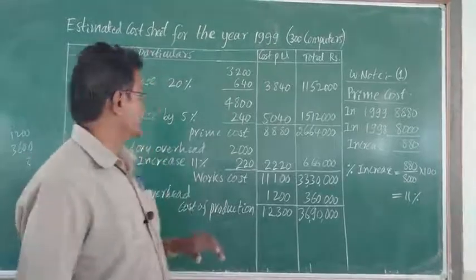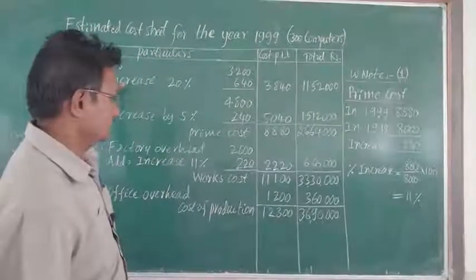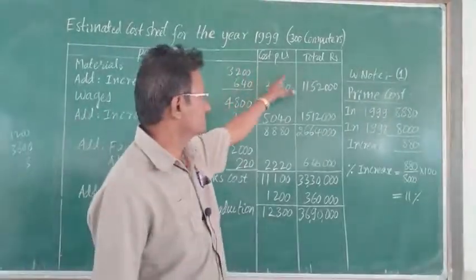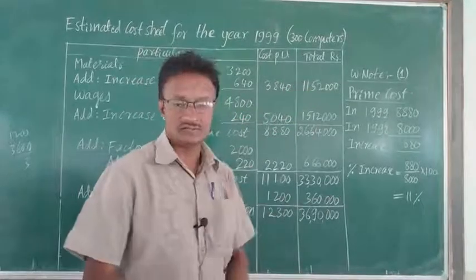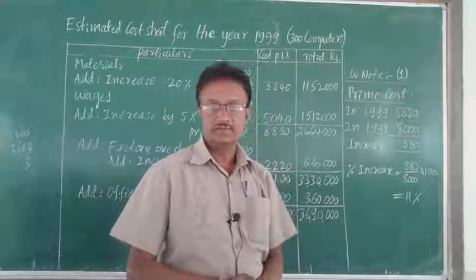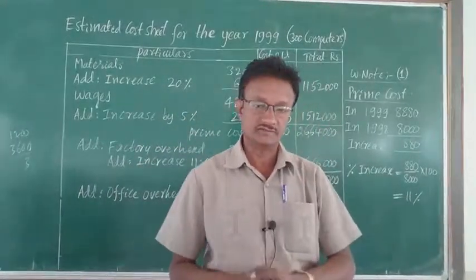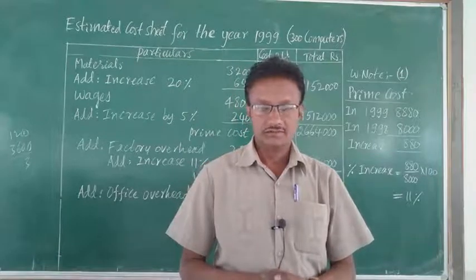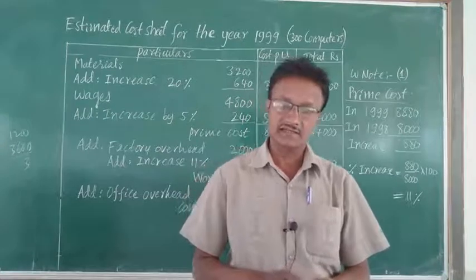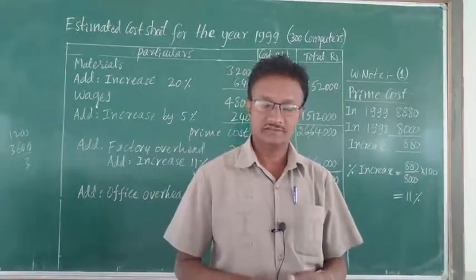So first take the material cost. Here in the statement we first take the cost per unit and then the total cost, because some costs change directly with the volume of production. Usually direct material, direct labor and direct expense, these are the elements of prime cost.